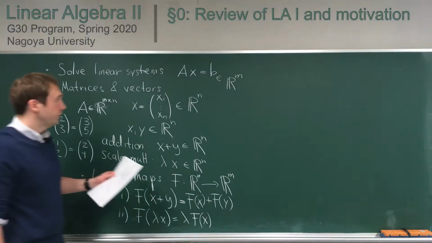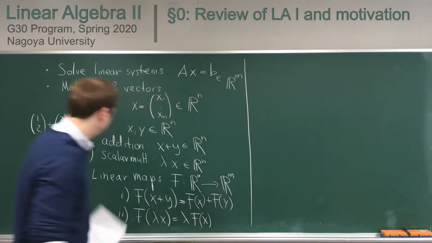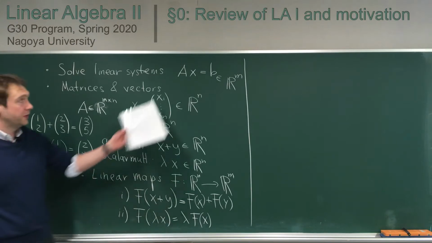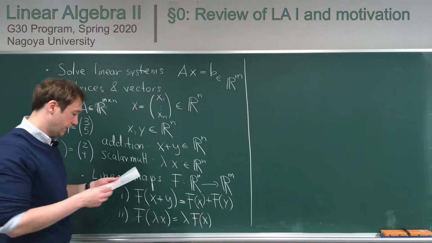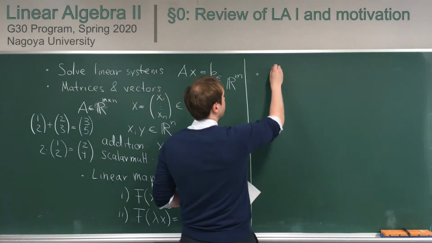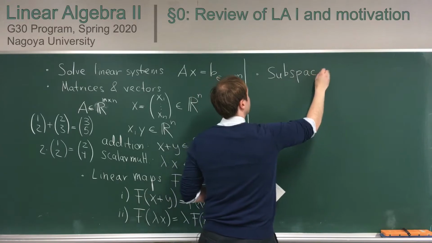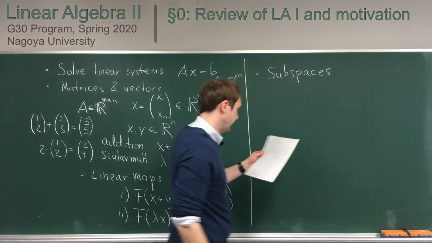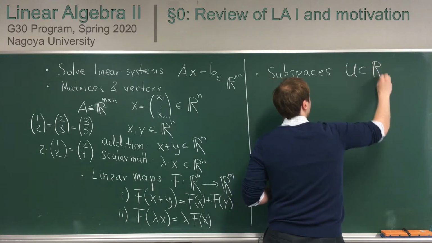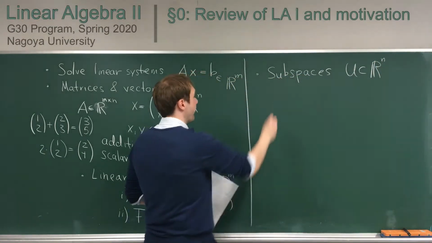Okay, so after studying these linear maps, which were, for example, given by multiplication by matrices, we studied subspaces. So we considered a subset U of Rn, and this had three conditions.